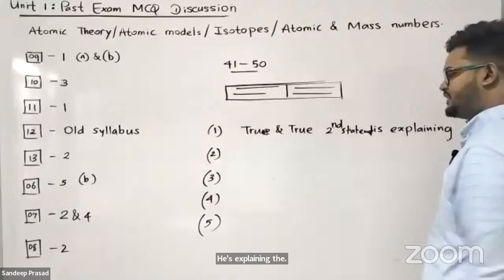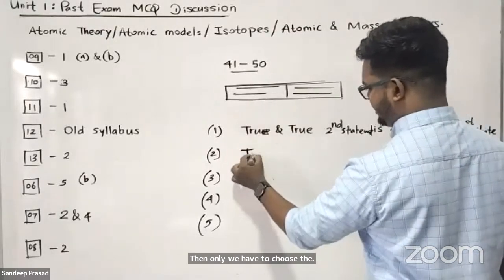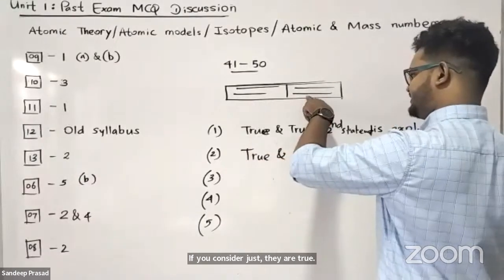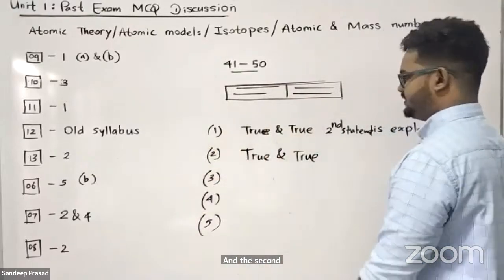Then only we have to choose option number 1. If both are true, but the second statement is not explaining the first one, we have to choose answer number 2.